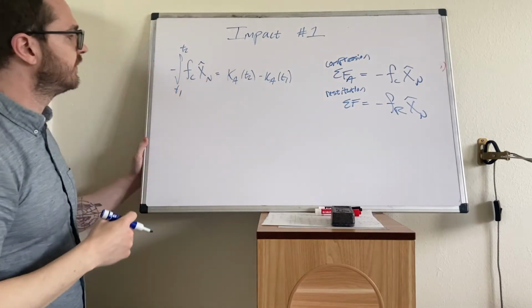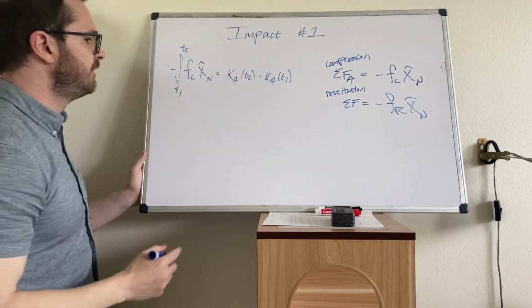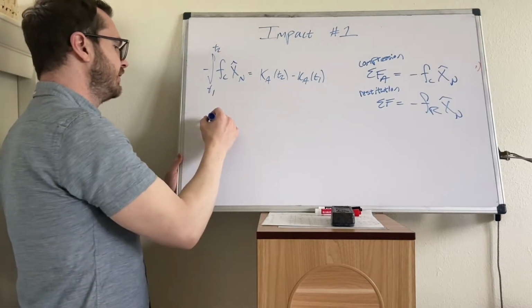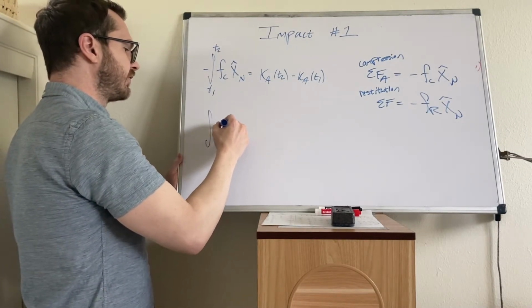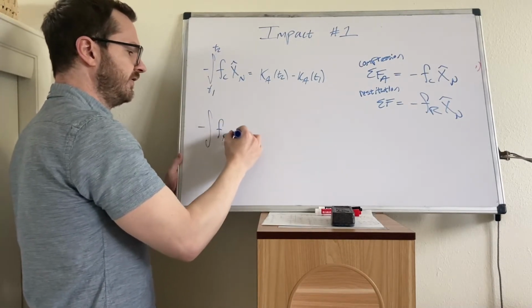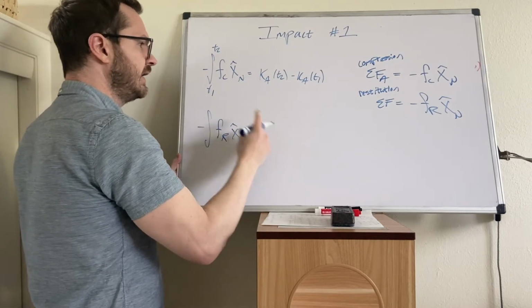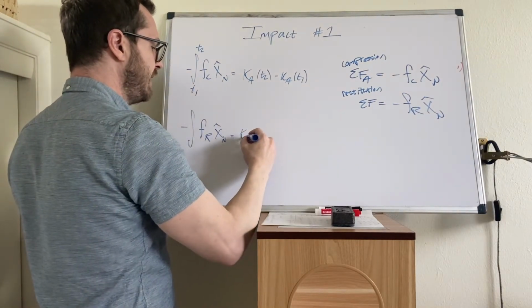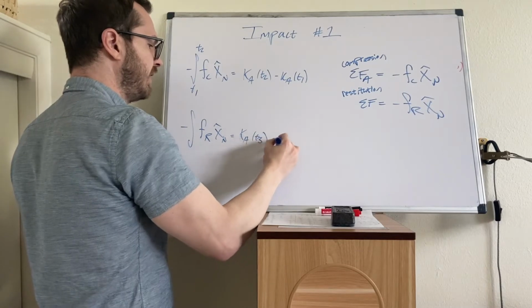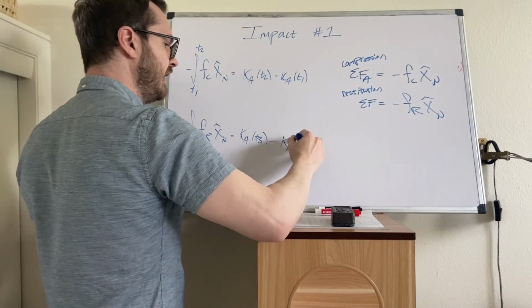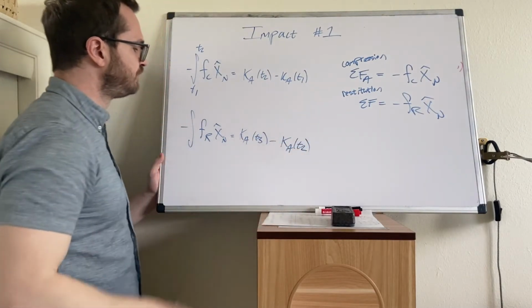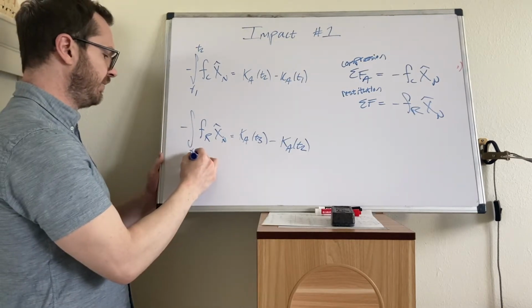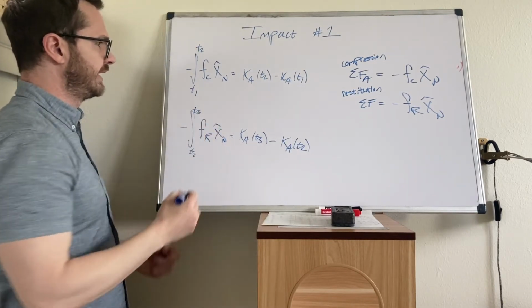We'll get the specifics of what this is in just a moment. And then let's get the second equation for restitution. The integral of FR, in the negative x hat n, will be Ka at time 3 minus Ka at time 2, and the bounds for this one are T2 to T3.